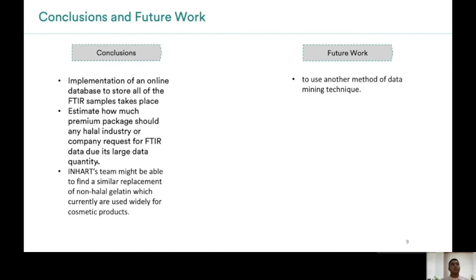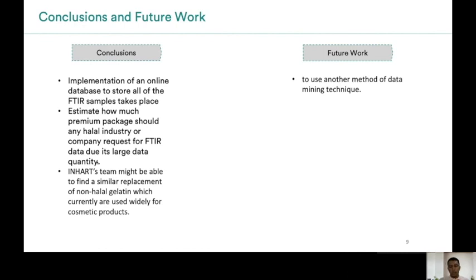At the same time, since FTIR also serves other companies or institutions who want to run sample analysis using FTIR, they can think about how much the premium package should be. And thirdly, in-house teams might be able to find a similar replacement for non-halal gelatin, which is currently used widely in cosmetics products.